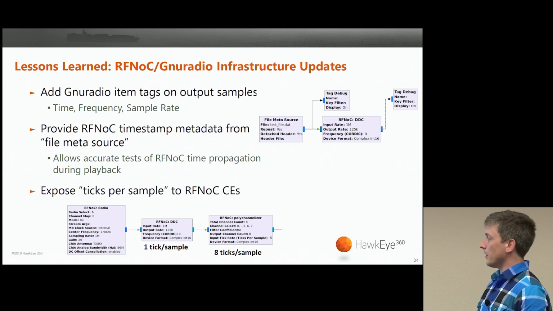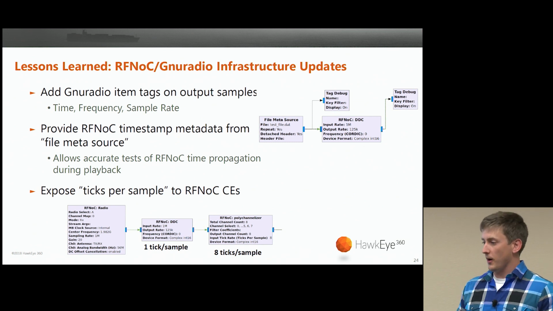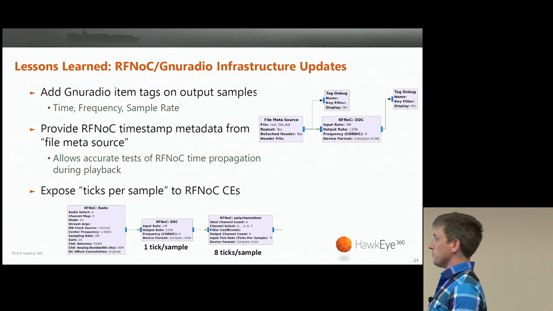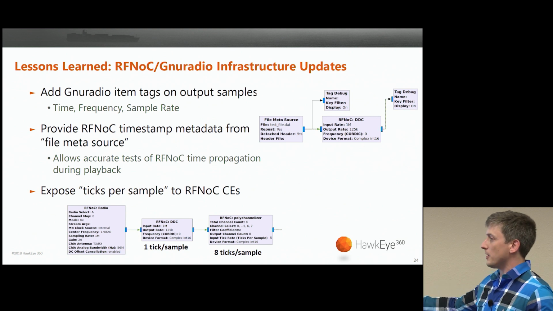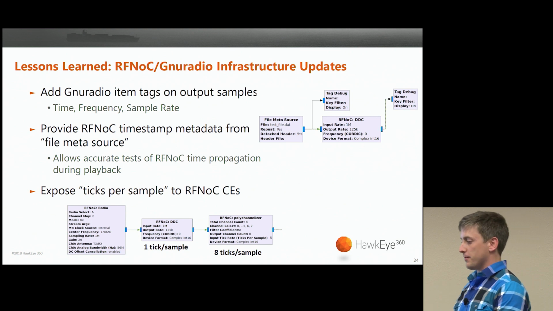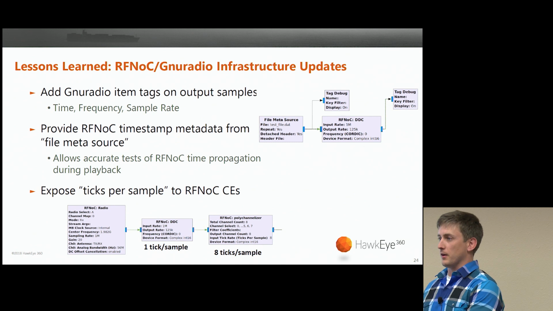The second part is that when we're developing this, or anything related to timing, we really want to be able to take a file meta source that we've recorded from our USRP in the lab, so now we have a golden reference file that has a timestamp associated with it.